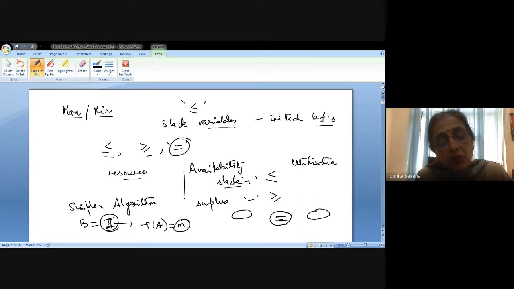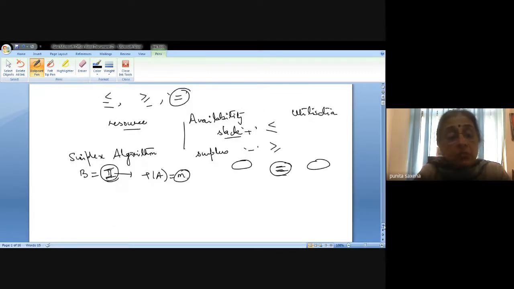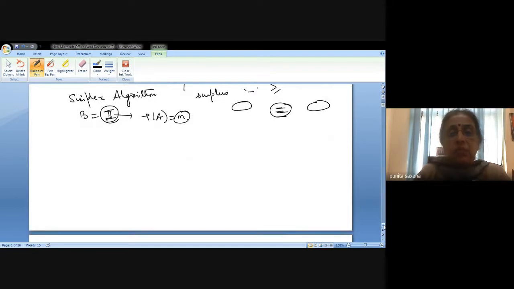Their coefficients in the constraints should be just 1 or 0 each, so 1 in exactly one constraint and the remaining are all 0. To get these initial basic feasible solutions, in the cases when we cannot have slack variables, when we have surplus or equality types, we bring in the concept of what we call artificial variables. As the name itself says, they are variables but artificial in nature.